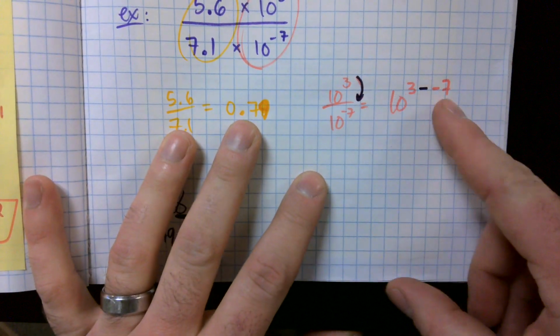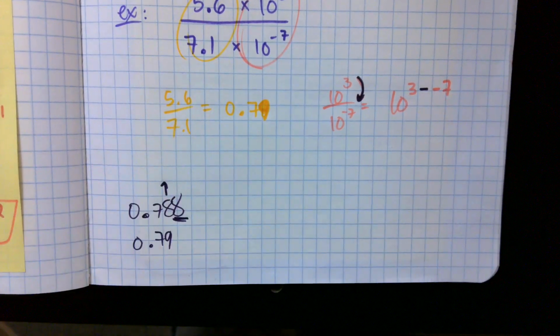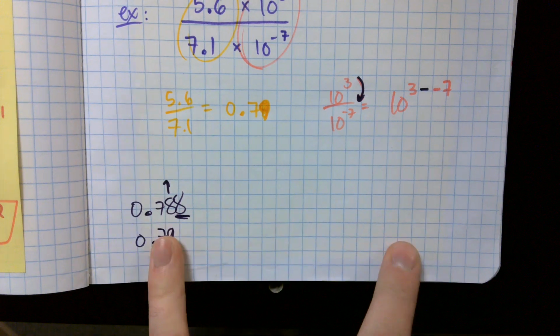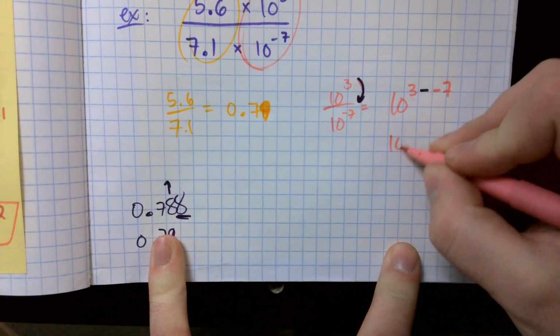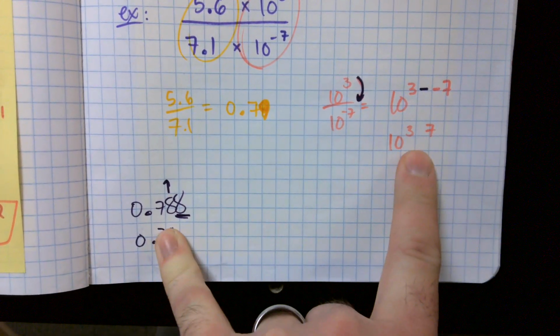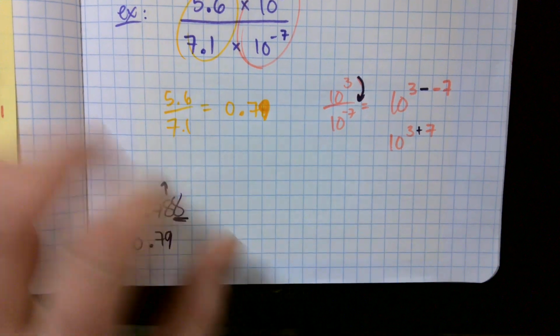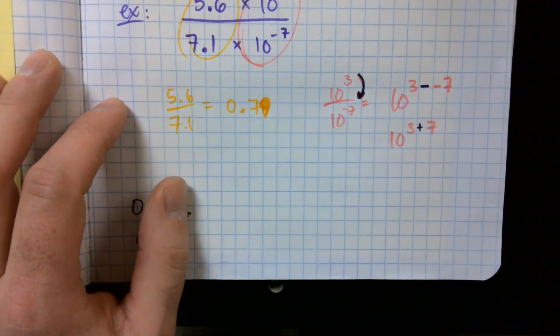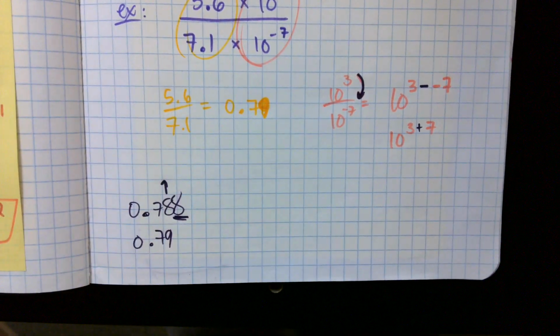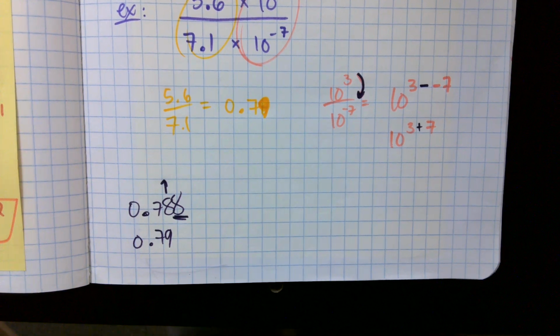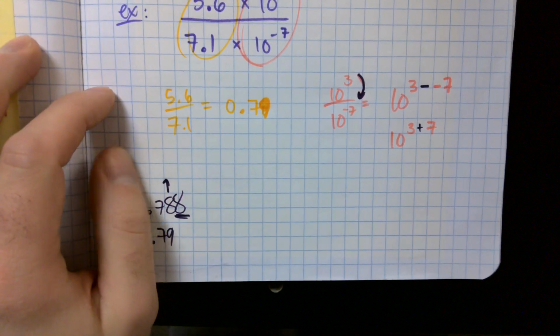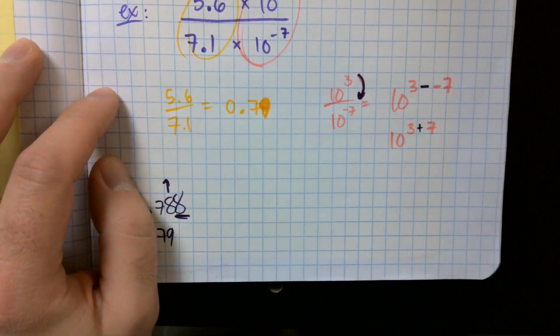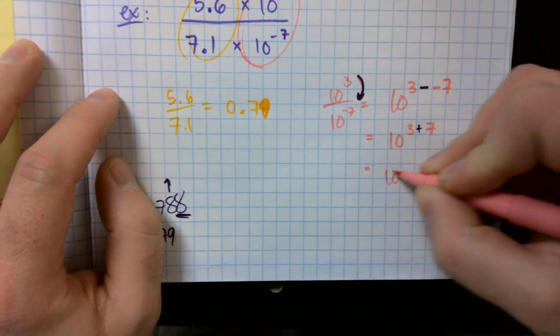If I see 2 minus signs, what do they come together and make? A big old addition sign. So this turns into 10 to the power of 3 plus 7. All right? So if I have a negative on the bottom, that should set off an alarm in my head that I'm going to make a plus when I subtract that negative, okay? What is 3 plus 7? 10. So now I've got 10 to the 10th.